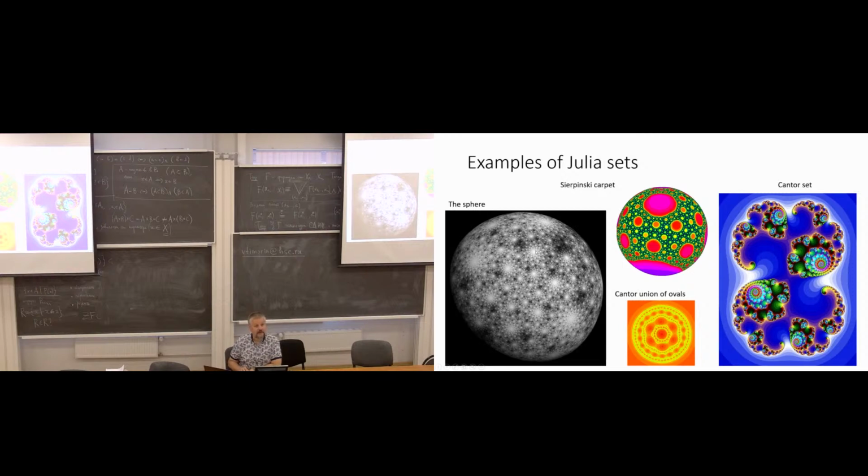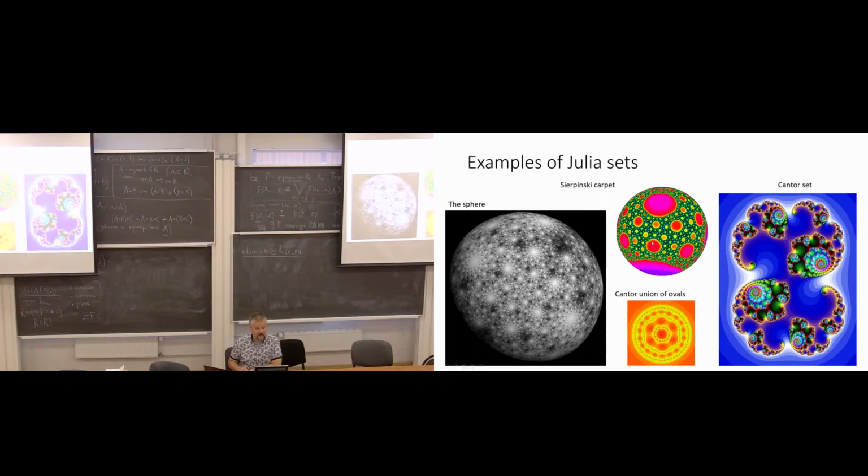Some points are lighter, some darker, and this distribution corresponds to some invariant measure, invariant under the action of the map. This measure does not have to be uniform, but you get the whole sphere as the Julia set. The Fatou set is empty in this case.